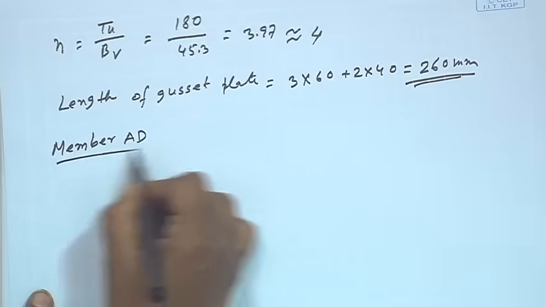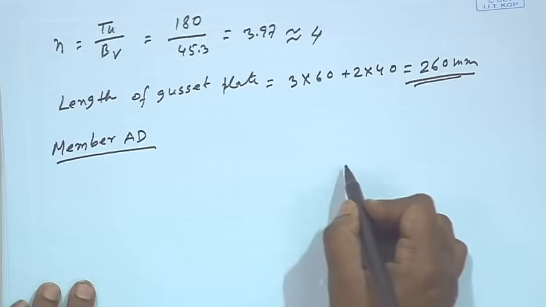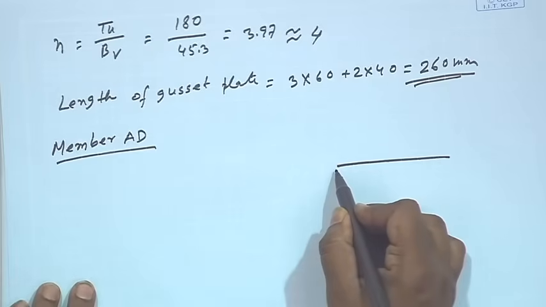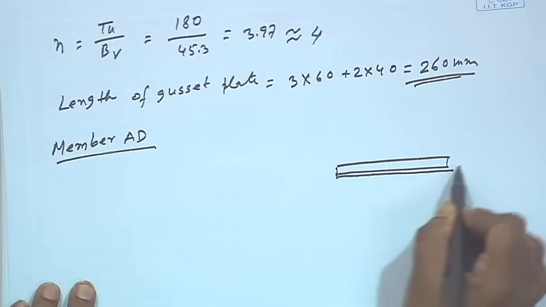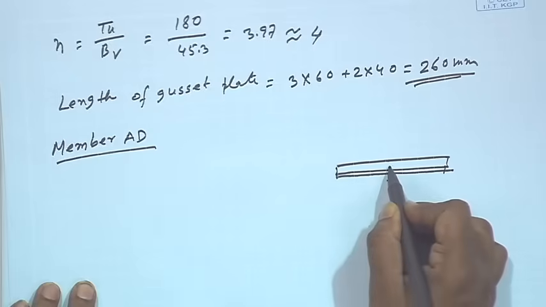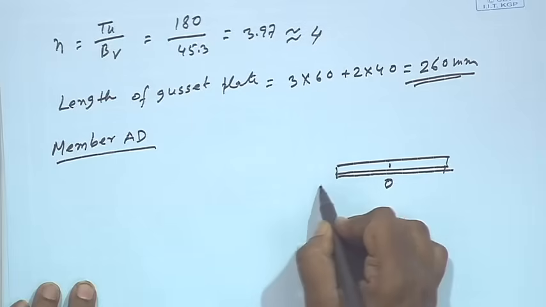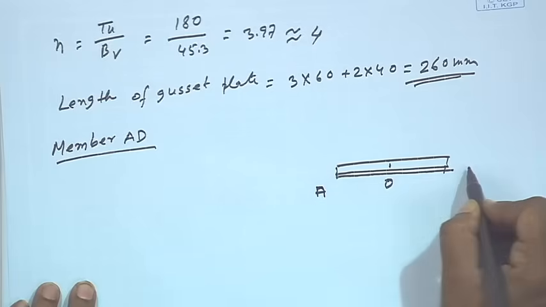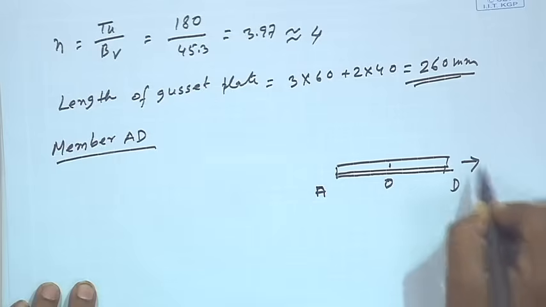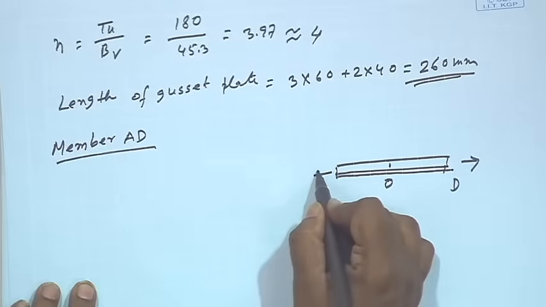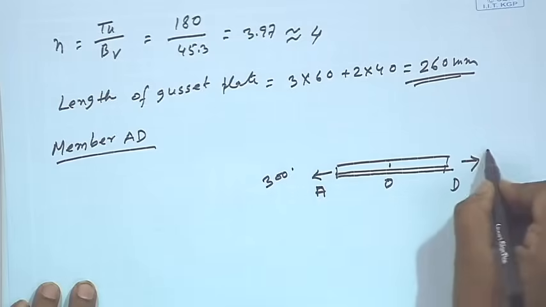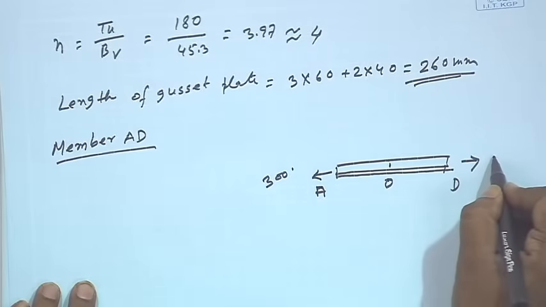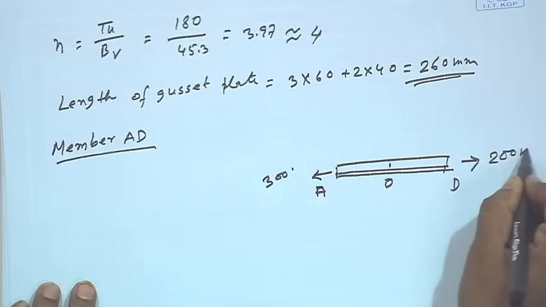In case of member AD, we can see that this is the bottom chord. If we see that it is meeting at point O, towards this is A and this is D, the force along this direction is 300 kilonewton, this is tensile force, and along this direction it is 200 kilonewton.